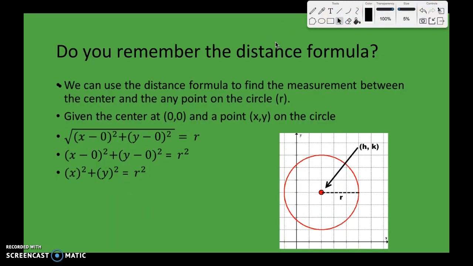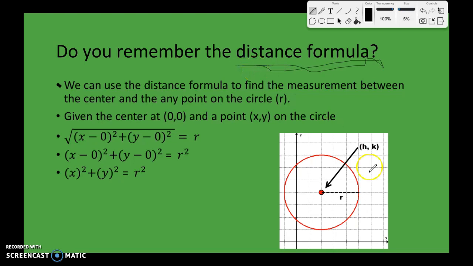This formula does not just come from anywhere. The standard form of the equation of a circle comes from something we ought to be familiar with: the distance formula.